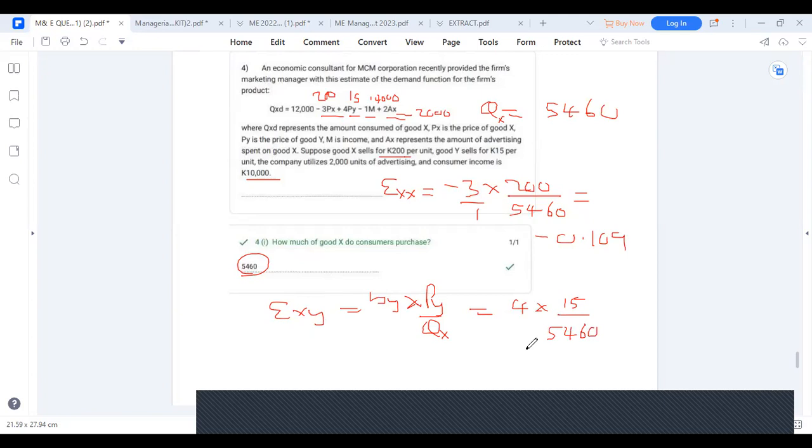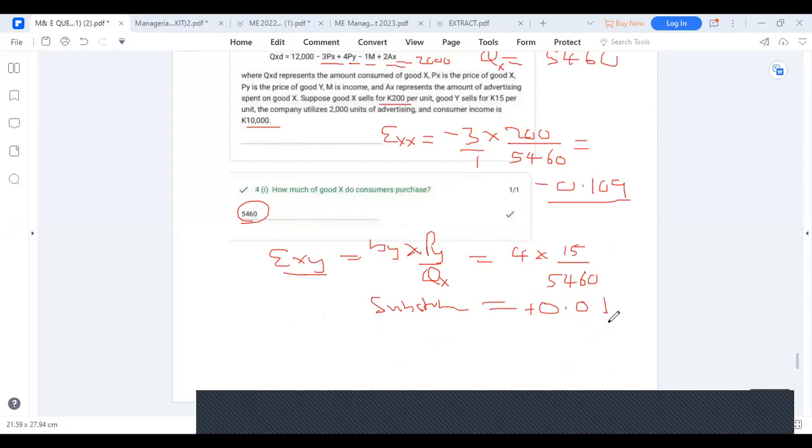What are we getting? So 60 over 5460, 0.01. It's positive. So if cross price elasticity is positive, what kind of a good is it? It's a substitute under cross price elasticity.